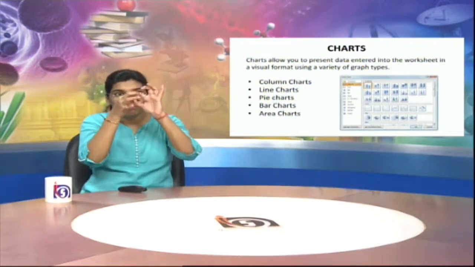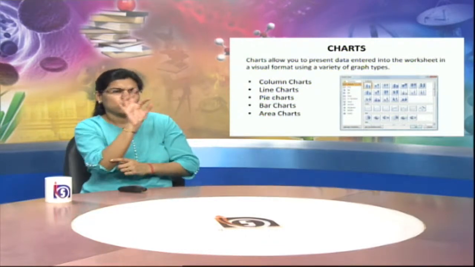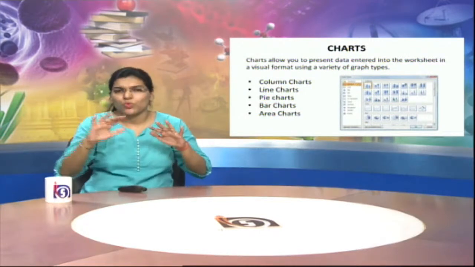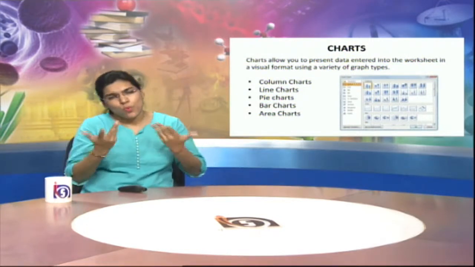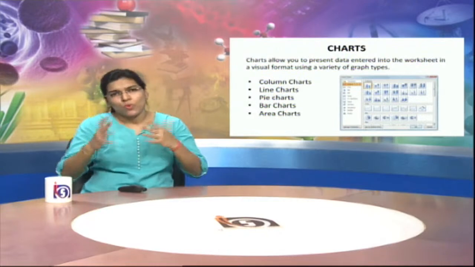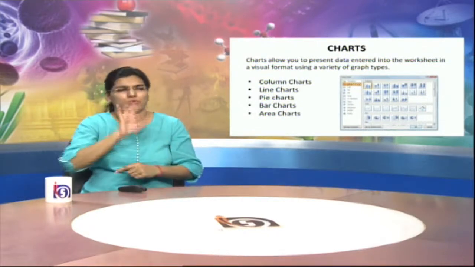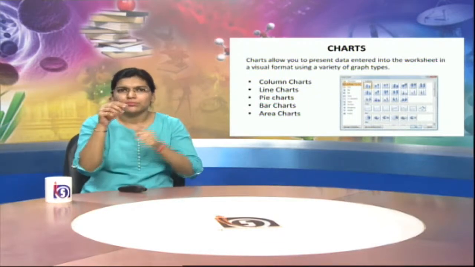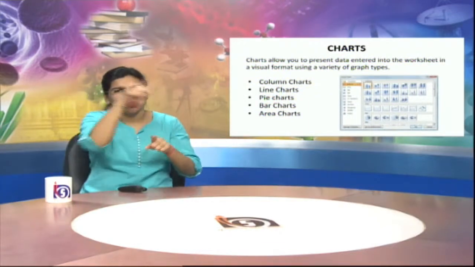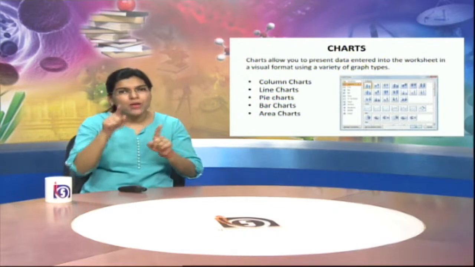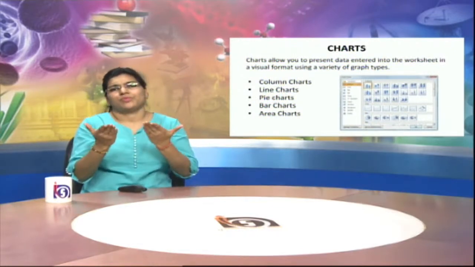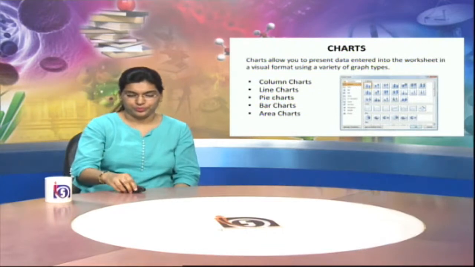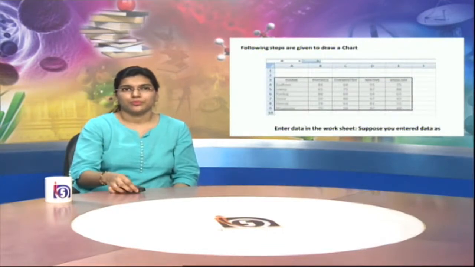So similarly, there are different kinds of charts. You can select as per your choice and use it for different presentations. People doing mathematical calculations and results all use different kinds of charts. So you can choose any chart as per your selection.